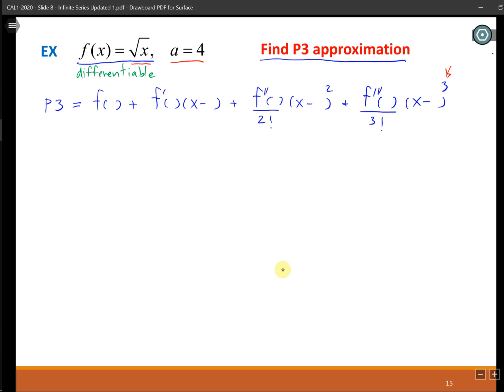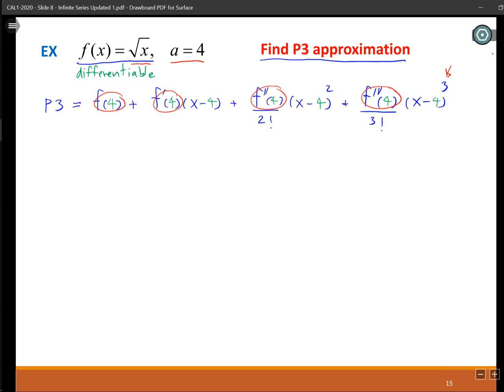So this becomes 4, 4, 4 here, 4 here, and that's it. Oh, one is missing right here. So this formula looks better now, but it's not done yet. We still have some computations to do, and as you can see here, we need to compute 4 values of function and derivatives. Function, first derivative, second derivative, and third derivative, all evaluated at 4.